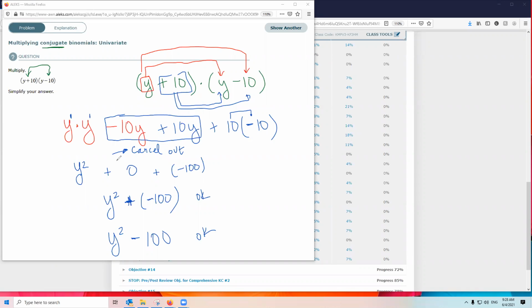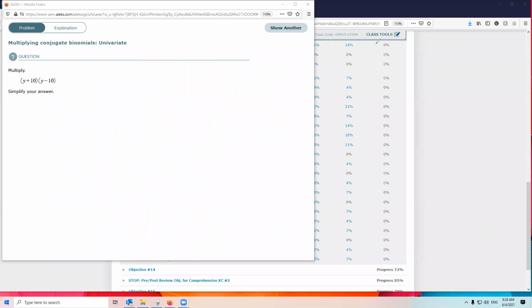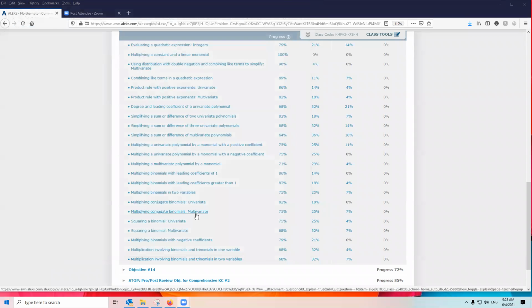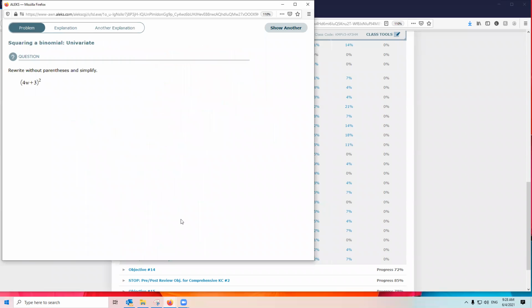All right, let's go ahead and do a couple more examples. Here is squaring a binomial. On this one, what they're giving me is a parenthesis to the exponent 2.